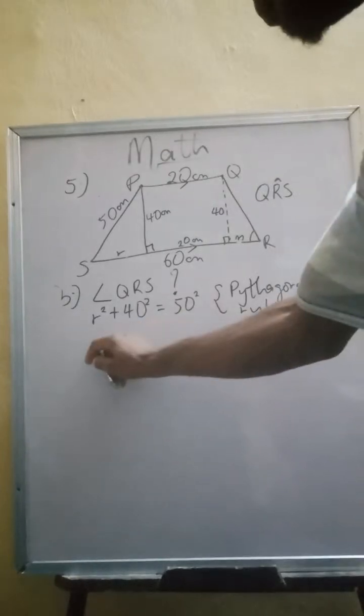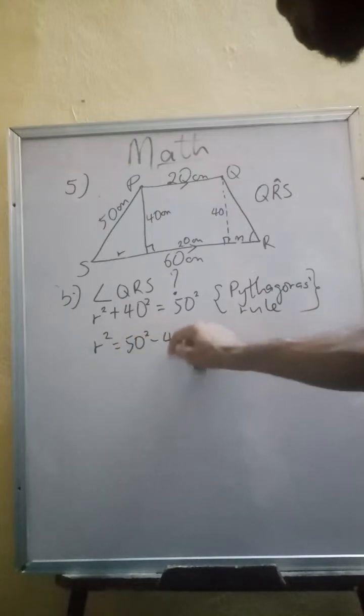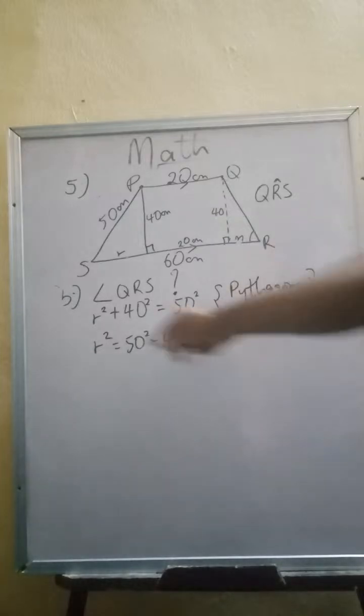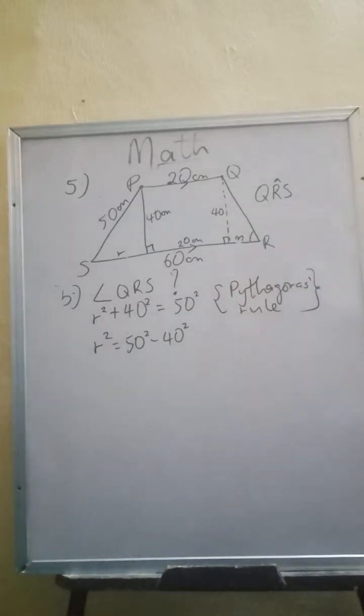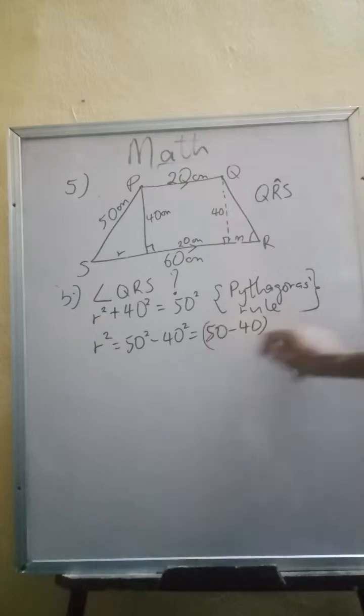So if you sort things out from here, you have r squared equals 50 squared minus 40 squared. Now, if you're familiar with what we call Pythagorean triple, you know that r is 30. But just for those who have one or two struggles with this, we'll continue this way. Now, we have difference of two squares. For difference of two squares, you could simply say 50 minus 40 times 50 plus 40.